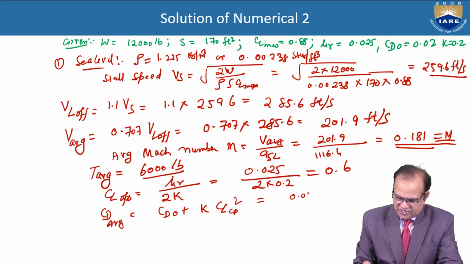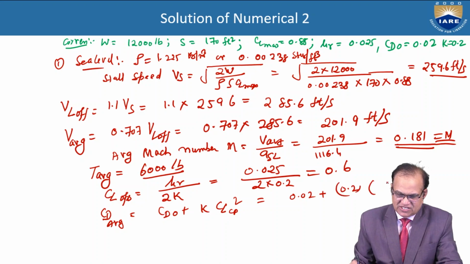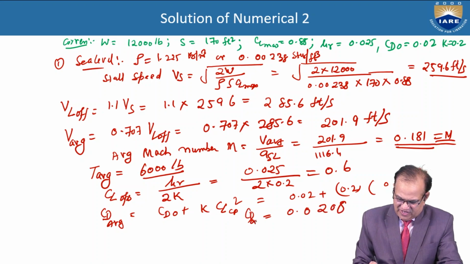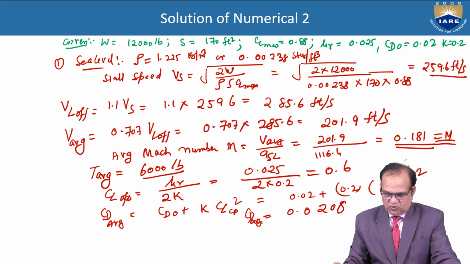CD naught is 0.02 plus K is 0.2 into CL is 0.06 square. So you will get 0.0208. So this is the average drag coefficient. We got the average drag coefficient.